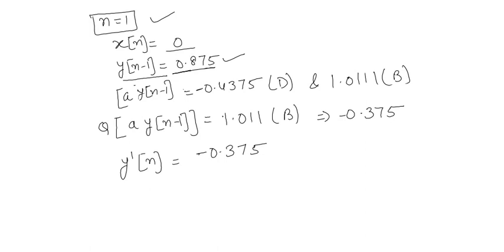Is it 0, or is it still showing some stored value, right? So this will be the non-quantized output. If you multiply a, which is minus half, and y of n minus 1, which is 0.875, you will get this number, minus 0.475 in decimal.